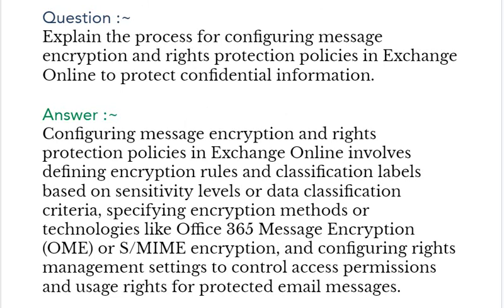Your answer should be: configuring message encryption and rights protection policies in Exchange Online involves defining encryption rules and classification labels based on sensitivity levels or data classification criteria, specifying encryption methods or technologies like Office 365 Message Encryption (OME) or S/MIME encryption, and configuring rights management settings to control access permissions and users' rights for protected email messages.